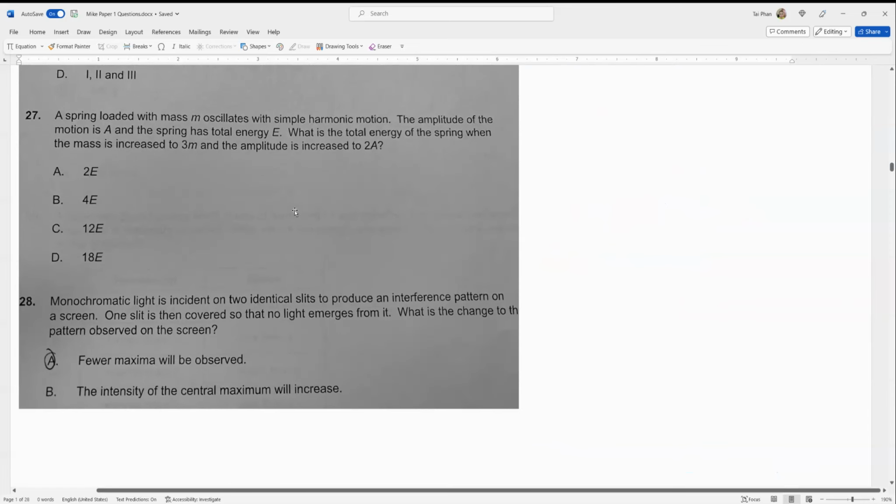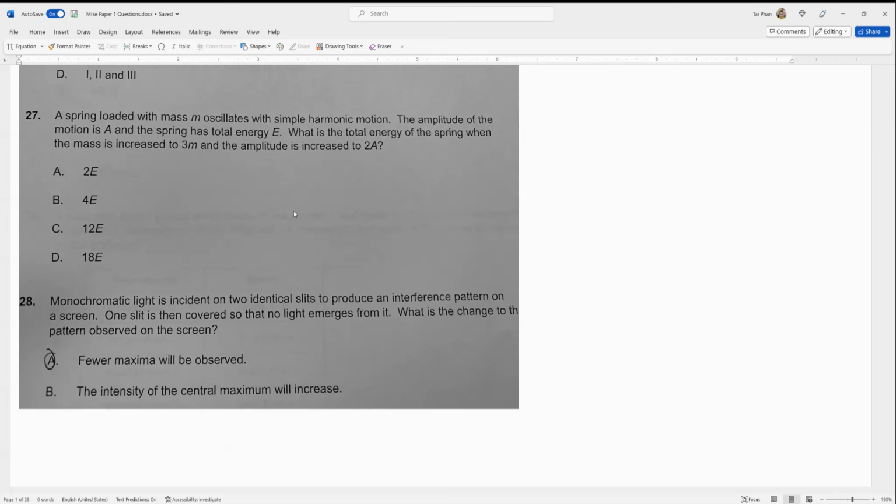27. A spring loaded with the mass m oscillates with simple harmonic motion. The amplitude of the motion is A, and the spring has a total energy E. What is the total energy of the spring with the mass increased to 3m and the amplitude increased to 2a?